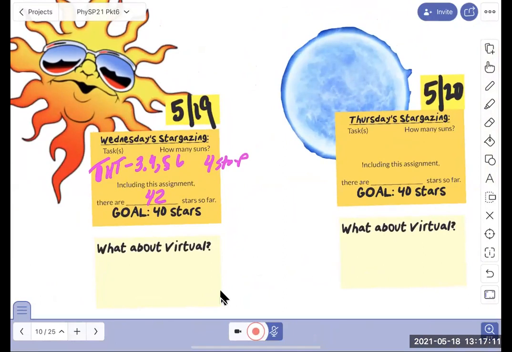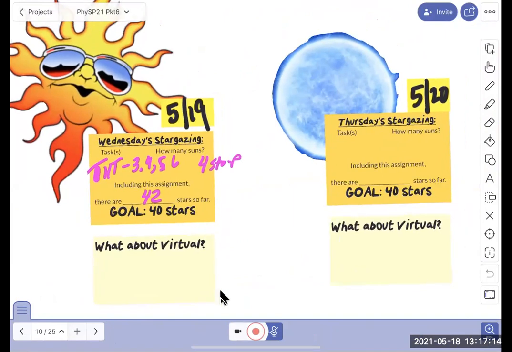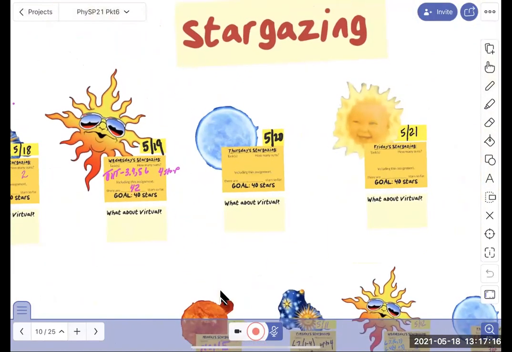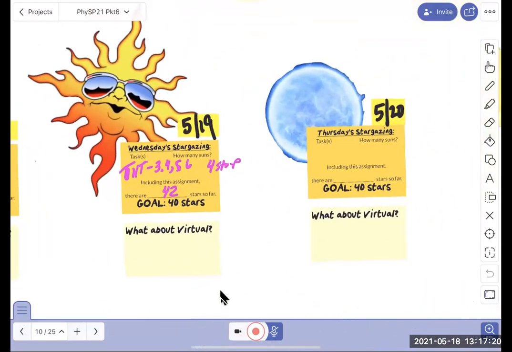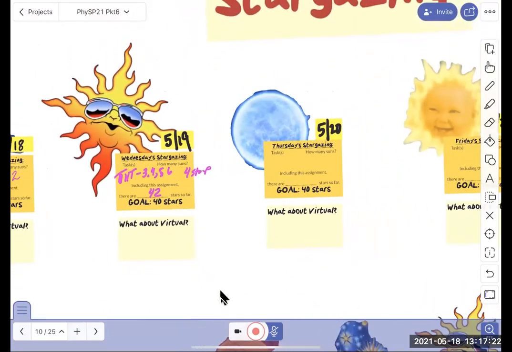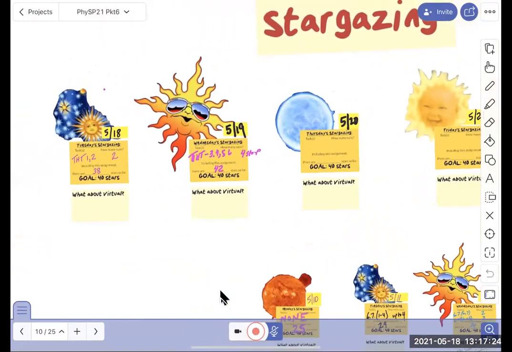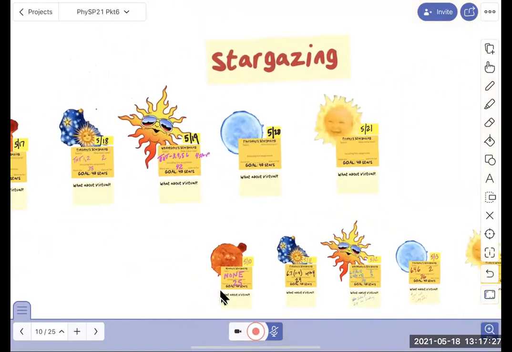You get 4 stamps for 3, 4, 5, and 6. Come join us, I'll give you stamps. 42 stars so far out of 40, so we've reached our goal. From now on, homework is all take home, and Thursday nights we go over it and answer your questions.